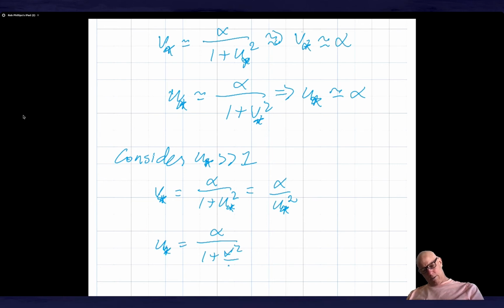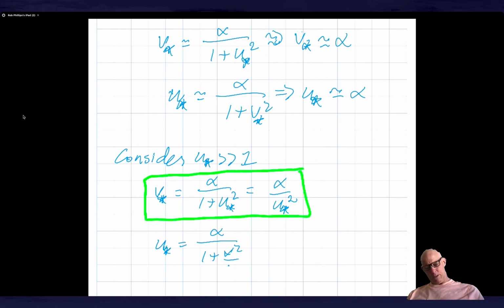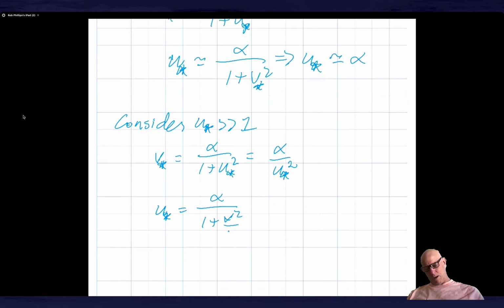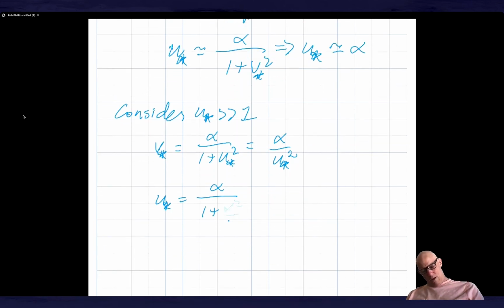let's see here. So first of all, what we've done is we've assumed that u star is much, much greater than 1. And we use that to compute v star, which is equal to alpha over u star squared, which is thus really small, because we've already said that alpha is itself small. So v star is very small. And now this gives us that u star is approximately equal to alpha.